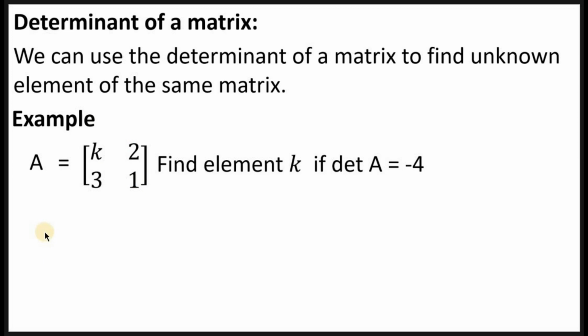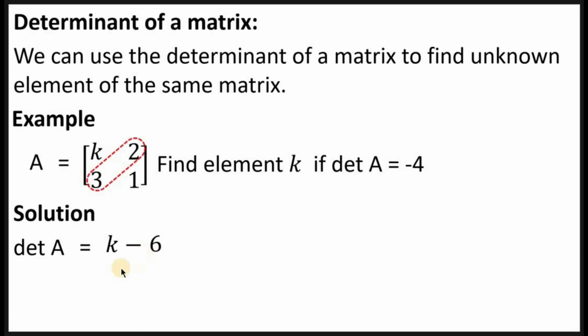So in answering this, we'll say solution. We will say determinant of matrix A. First of all, we'll start as if we are finding the determinant of matrix A. So determinant of matrix A is equal to major diagonal minus minor diagonal, which means K times 1, which is K, minus 3 times 2, which is 6.